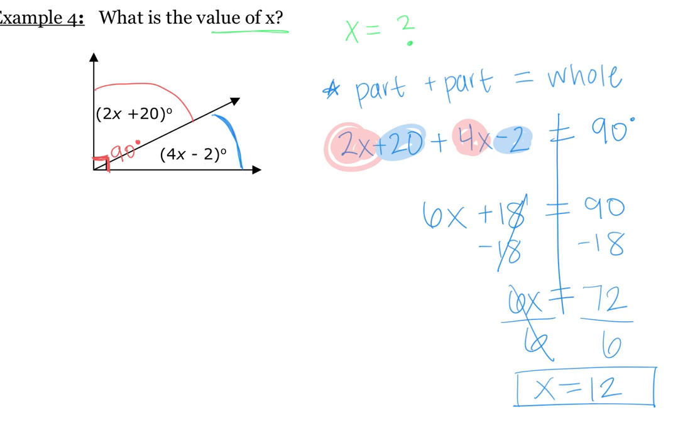El 20 menos 2 es 18. Muevo el 18 al otro lado para resolver y agarro que 6x es igual a 72. Mi último paso es dividir entre ese 6. Y cuando dividí entre 6, 72 dividido entre 6 es 12.